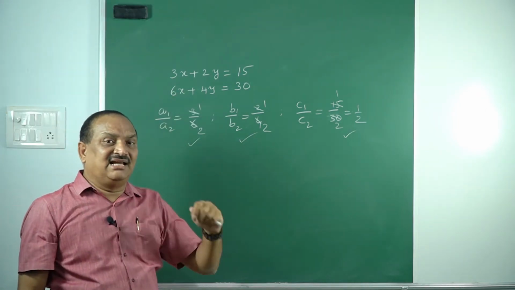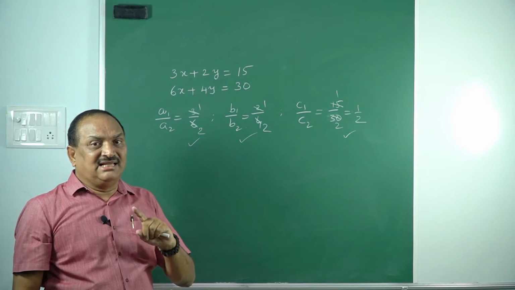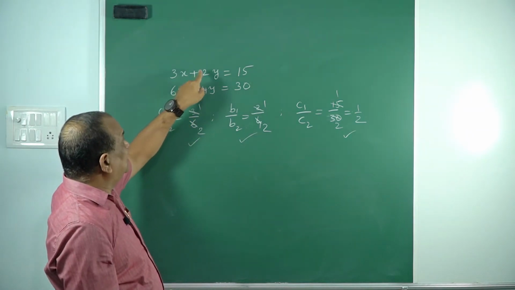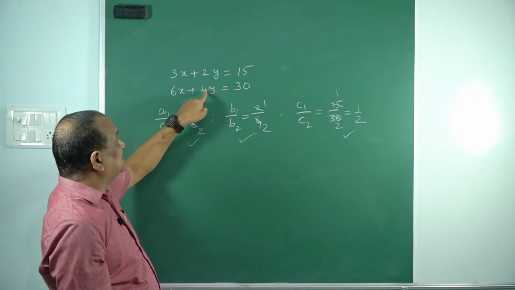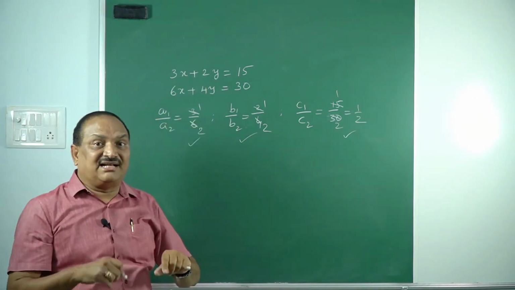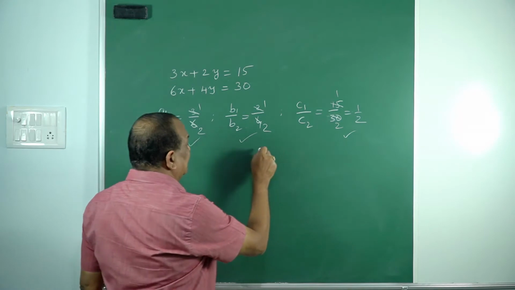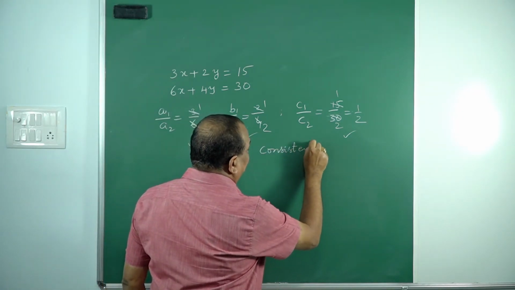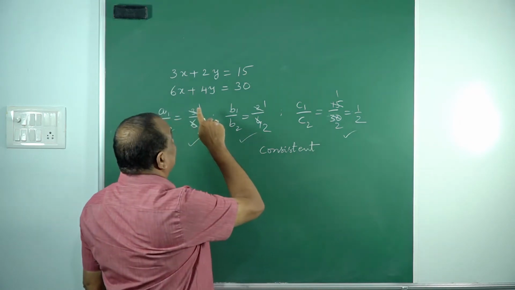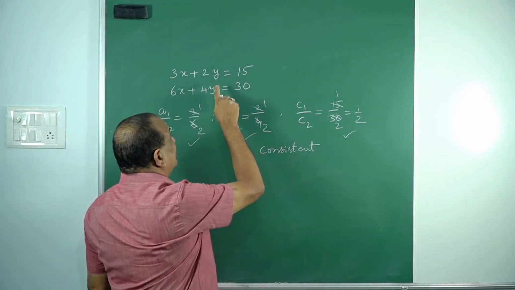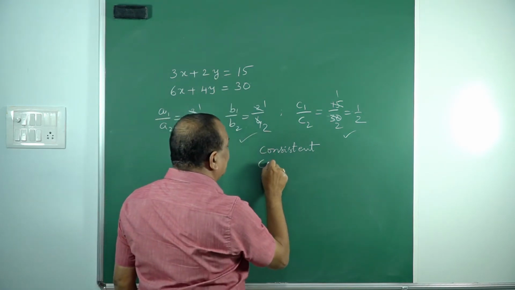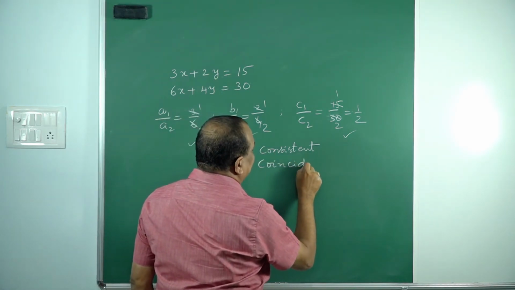There is nothing one against the other. These 2 are in agreement. Okay, I'm not saying something against this when I say this one, but these 2 are not different. So we write here, the system is consistent. And these 2 are not different means this line and this line are same. So you get coincident lines.